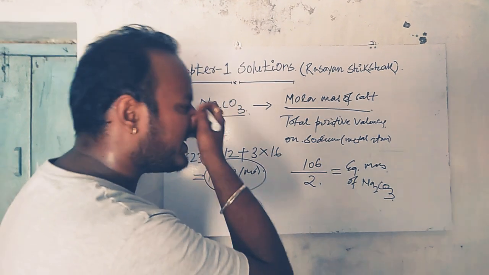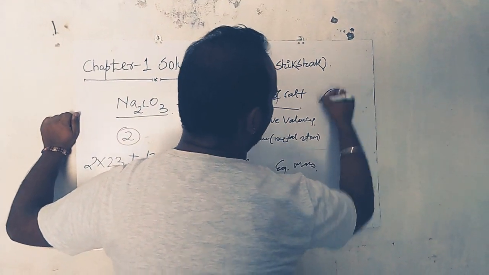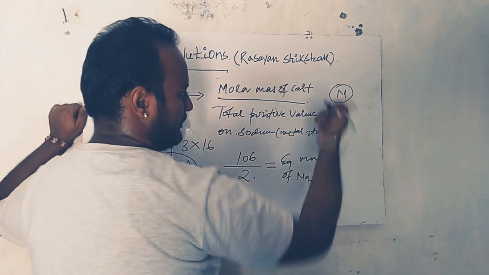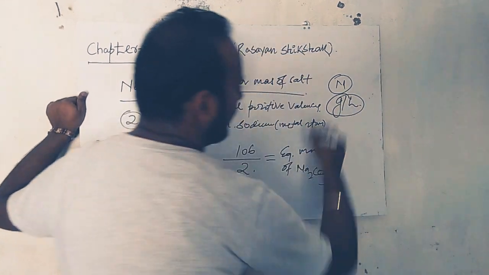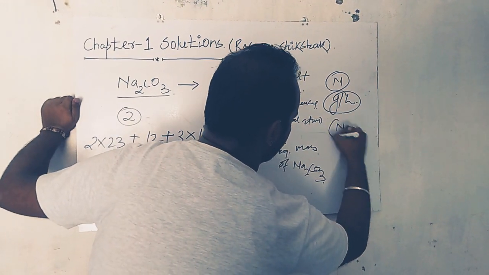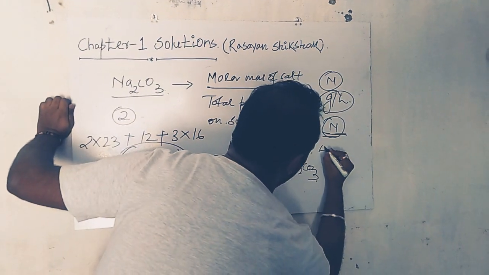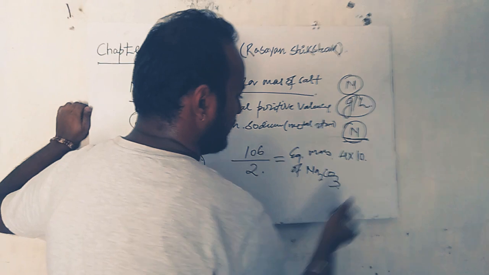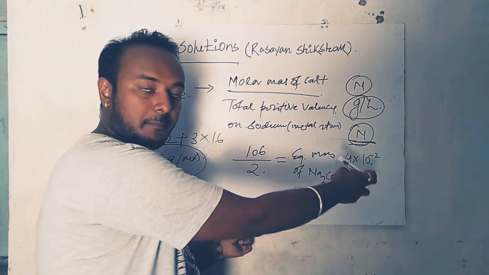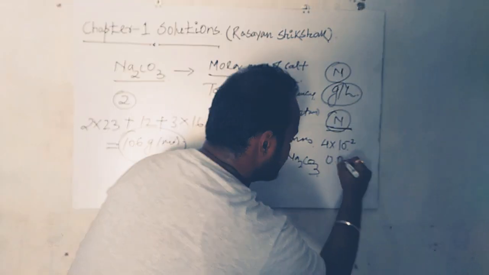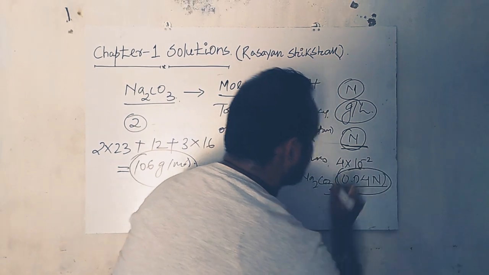And what is the unit for normality? Generally for molarity we use M or capital M. Actually its unit is gram per liter, and for normality it is represented by capital letter N. For example, we already have calculated the normality for H2SO4, that came to be 4 into 10 to the power minus 2. So it becomes 0.04 N. So what do you mean by 0.04 N?